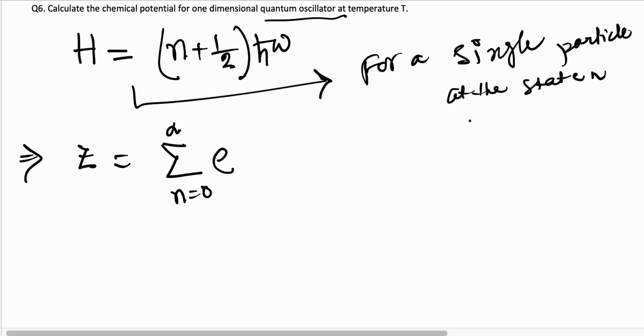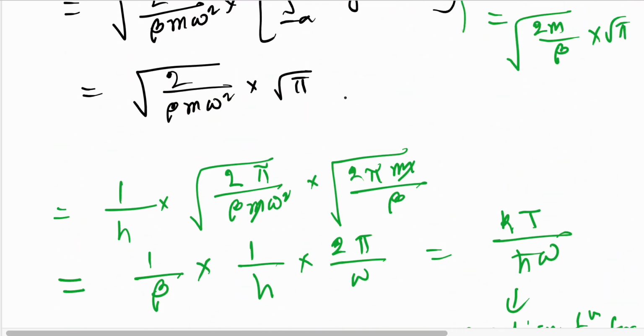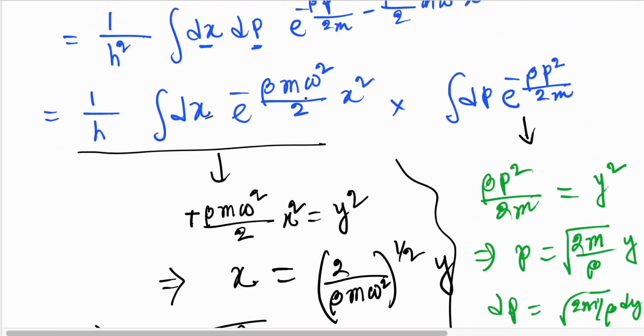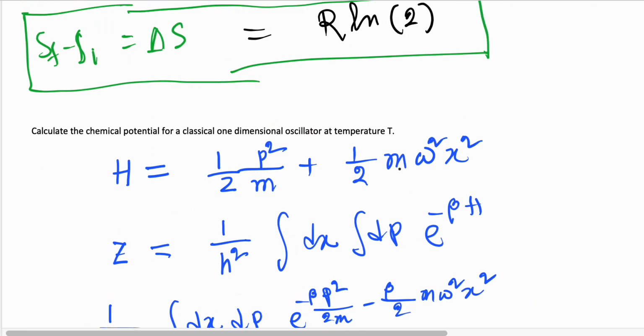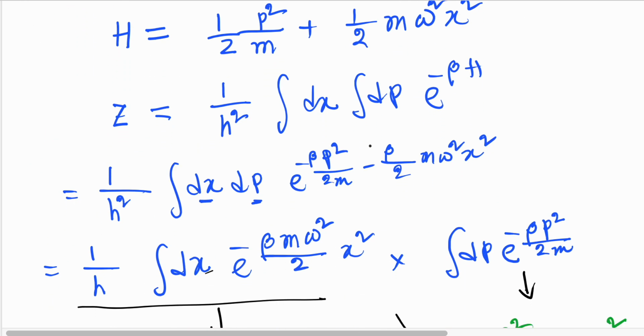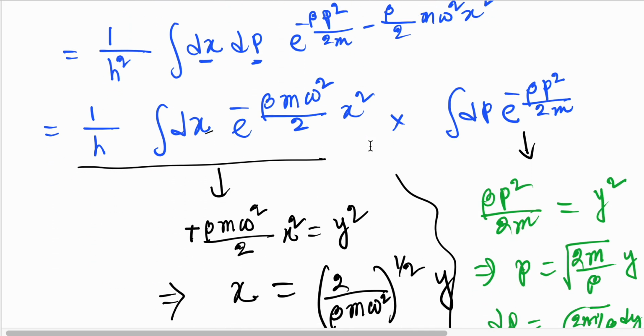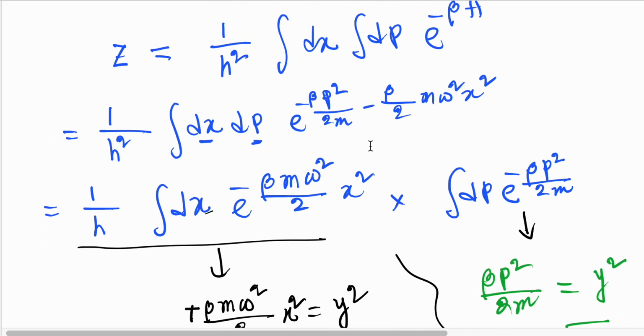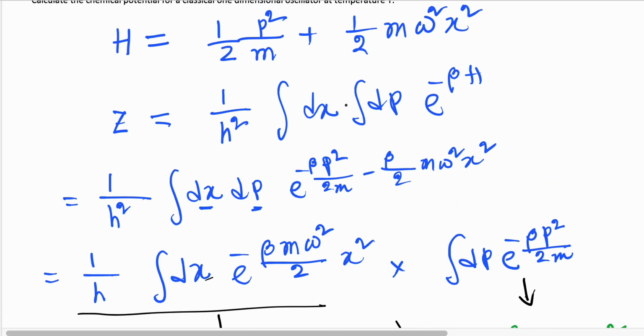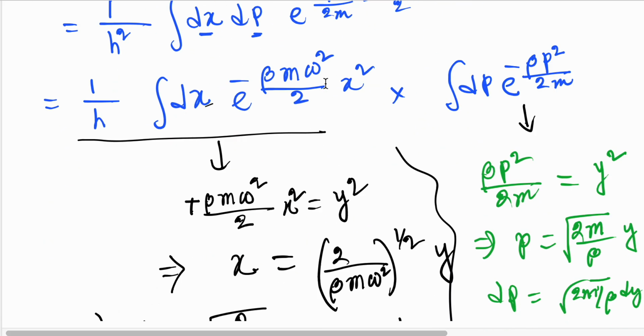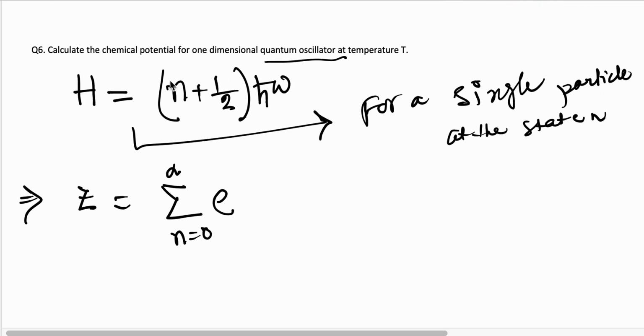Now, we write e to the power minus beta H, where H is the energy for sitting in a particular state, denoted by p and x. If we change p and x, the energy will change. Here also the particle is sitting in the n state, so its energy is (n + 1/2) ħω, but this n can take values 0 to infinity.